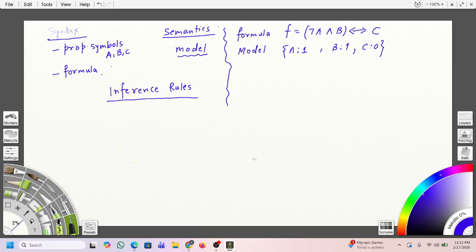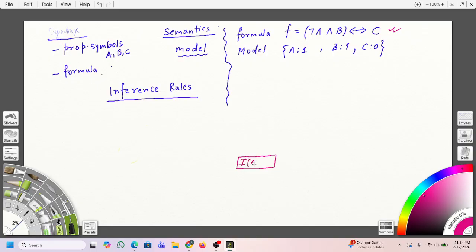So how will a machine proceed to find the value of the given formula? The main aim is to find the value for this formula. Let us start from here. The first thing that we can see here is A, and then it becomes negation.